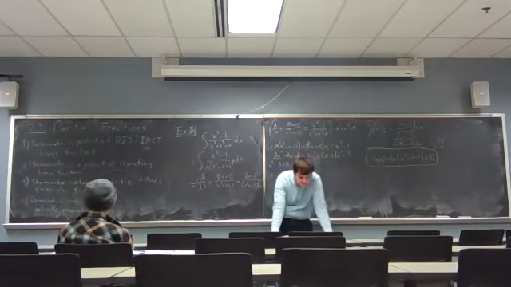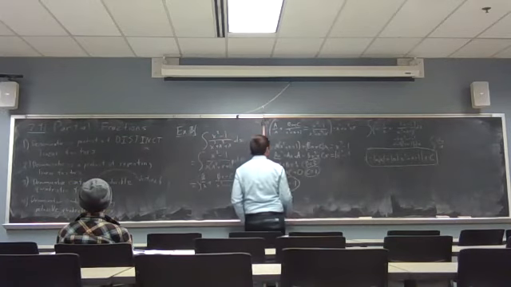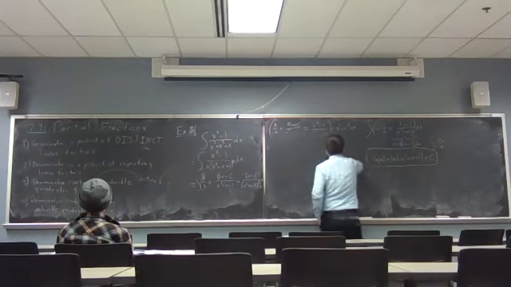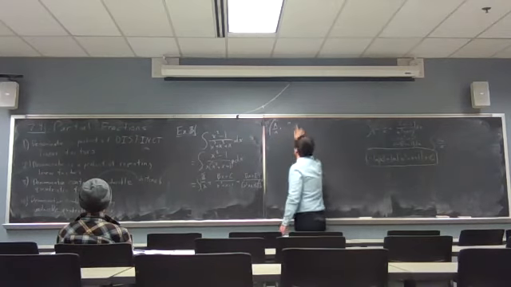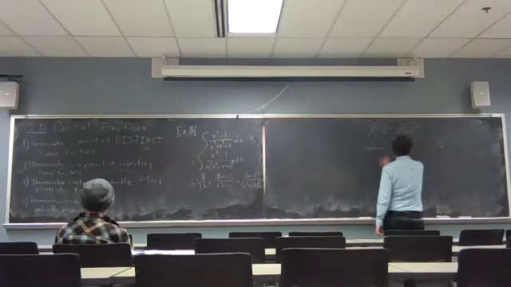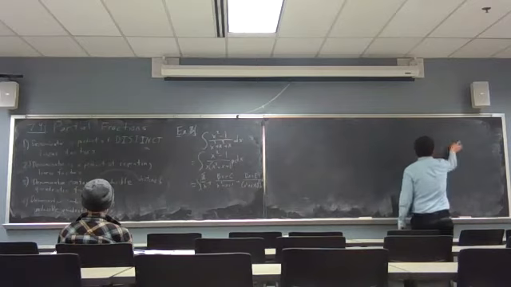See if there's anything else I have to say. There's going to be a section where you have to make a substitution before you can do any sort of partial fractions.